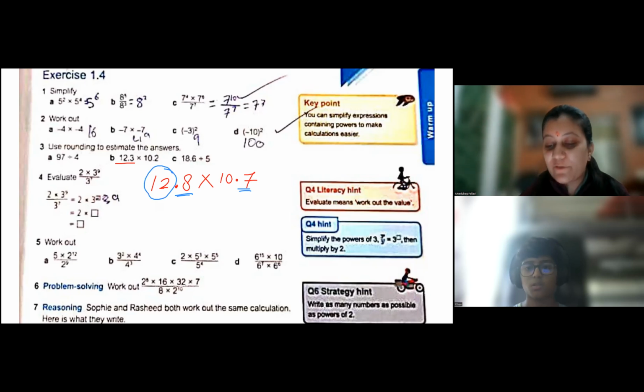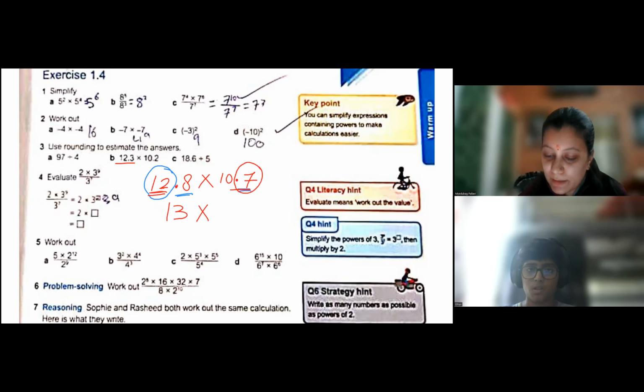That means in 12.8 we neglect the decimal, but in this case the number before the decimal, the whole number, will also change to the next value. Like 12 will be changed to 13, multiplied by 10.7. Now 0.7 is greater than 5.